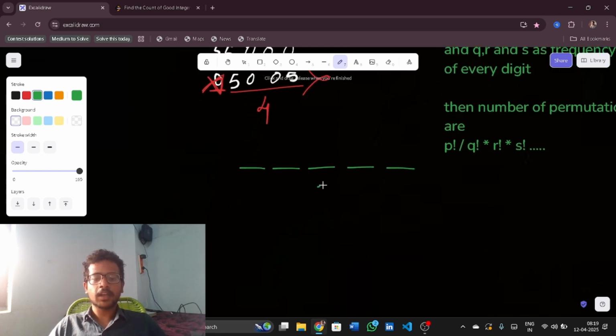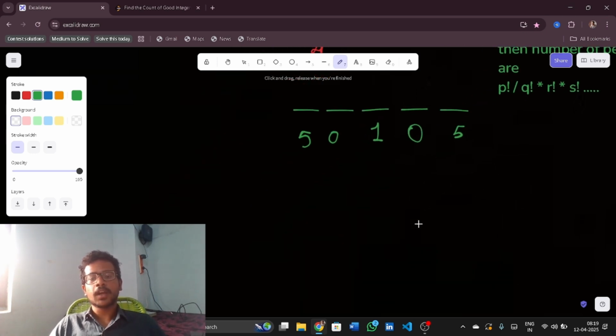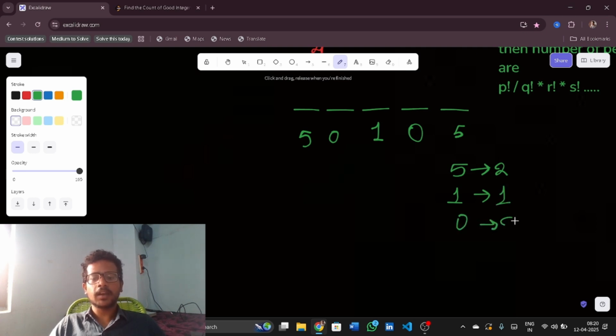Imagine I have 1 for one time, 5 for two times, and 0 for two times. I am simply going to the formula, which is the core thing in this question. So I am having 5 for two times, 1 for just one time, and 0 for two times.